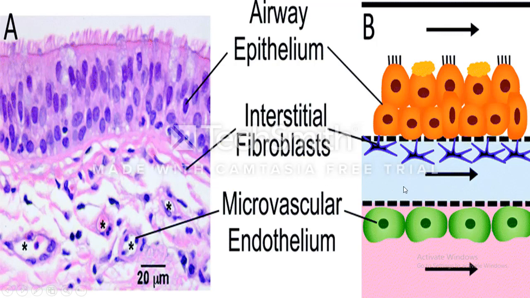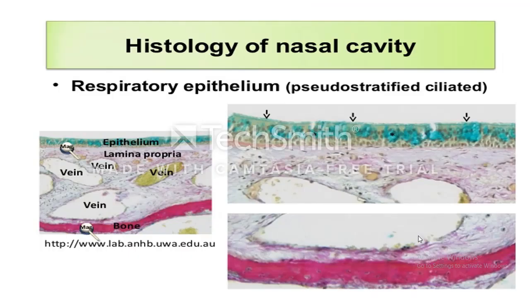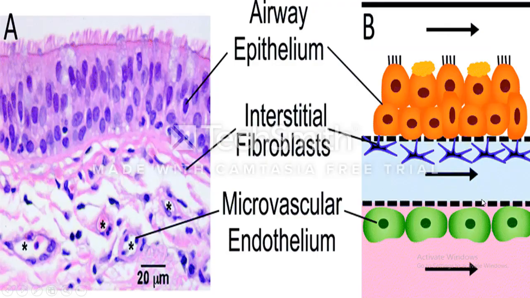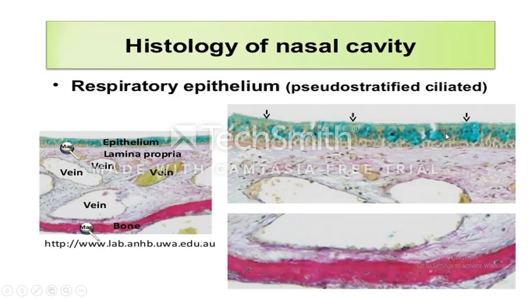This is interstitial connective tissue, fluid, and fibrosa and fibroblast. And this part vascular plexus. This is structure, mucosa of respiratory zone and in olfactory zone.